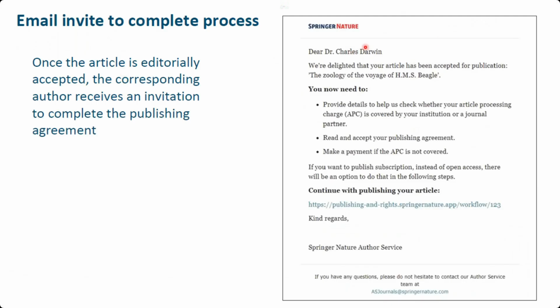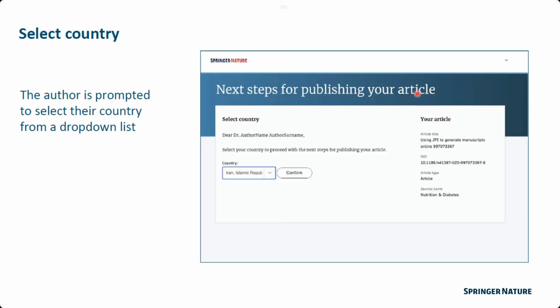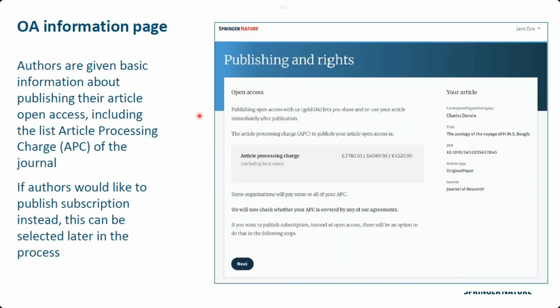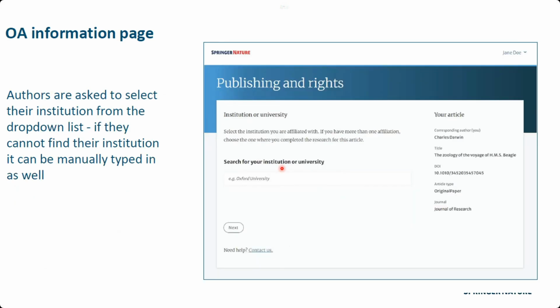After that, Springer Nature will send you details on whether your article is accepted for publication, what the outcome was. And then it will prompt you to select the country that you represent. And you will find information about what the APC is. Once you find this information, say that journal you already know is covered by UMT, you continue to click on it, and you will be prompted to select UMT.